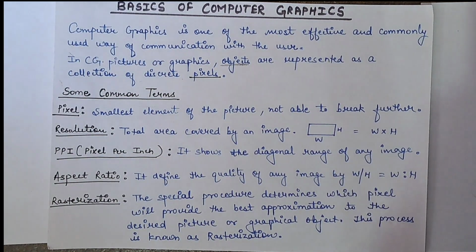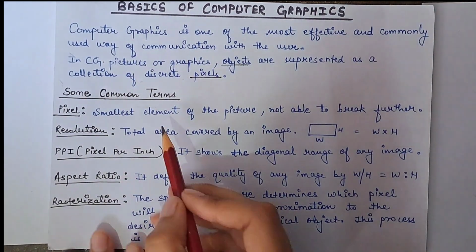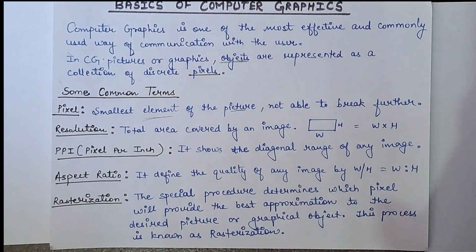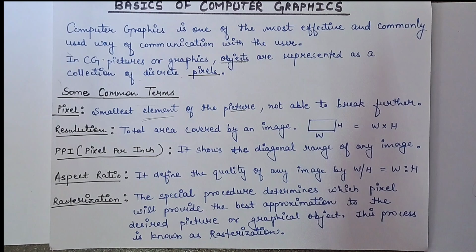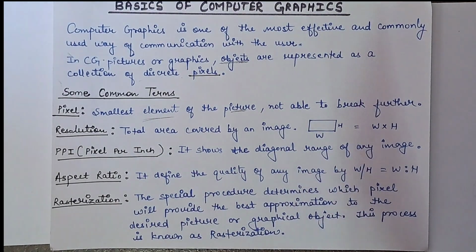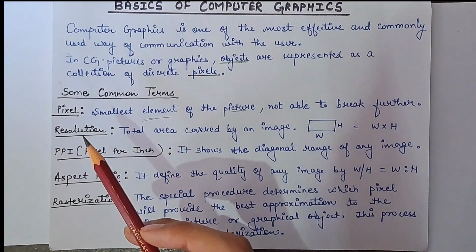Now you would say, what does the term pixel refer to? So pixel is nothing but the smallest element of the picture and it cannot be broken down further.